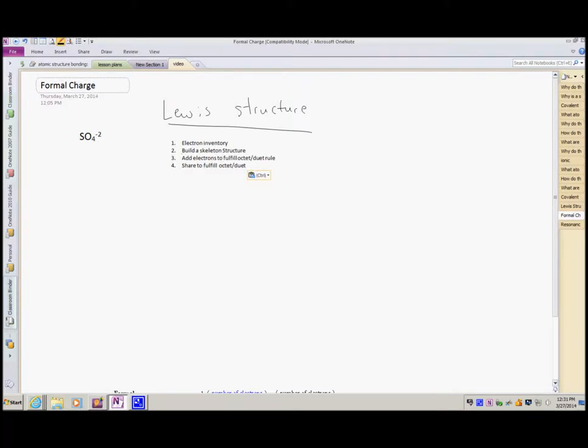So, number of electrons in inventory. Sulfur is going to have 6 valence electrons. The oxygen has 6 valence electrons, and they're times 4, so 24 electrons, and that gives me a grand total of 30, plus the 2 from the negative charge gives me 32 electrons. Now, for this, we build a skeleton structure. So the sulfur goes in the center, with oxygen, oxygen, oxygen, and oxygen.